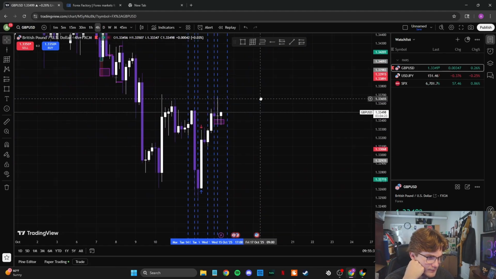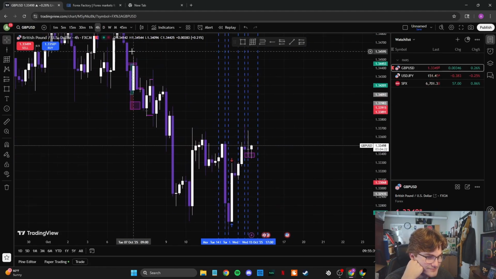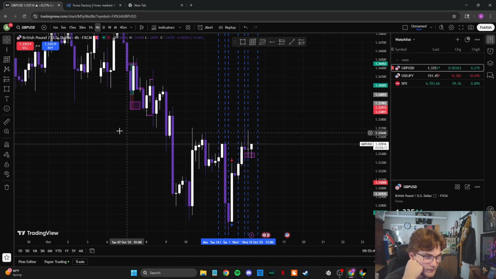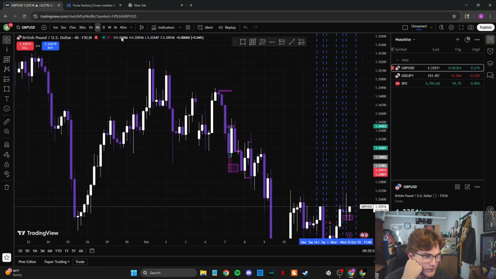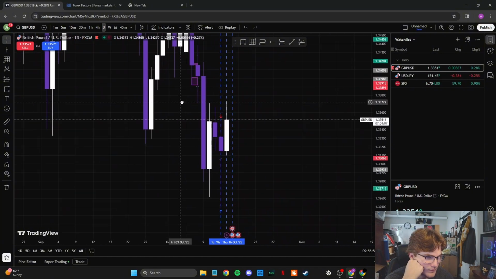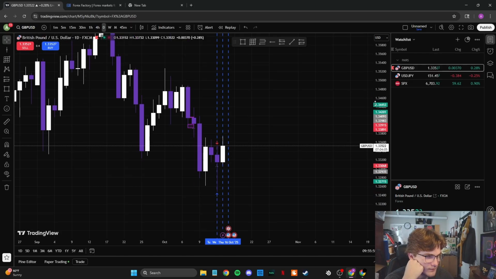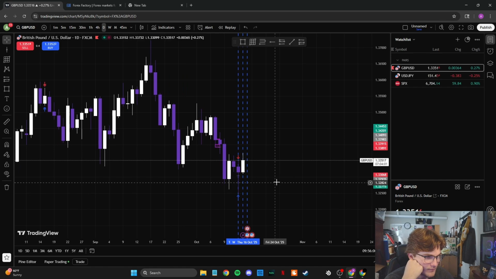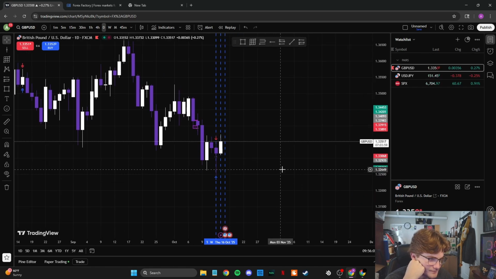However, this is a little bit of consolidation, just fixing this imbalance. There's probably going to be another move like this. So that's Tuesday, it's Thursday. The daily is not breaking structure.